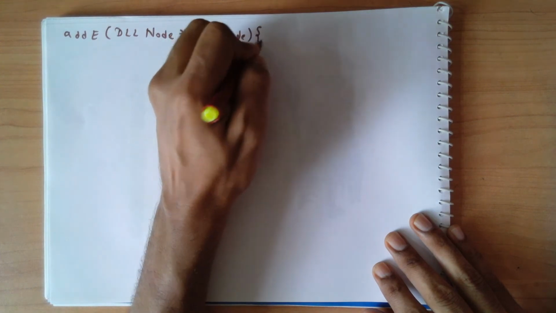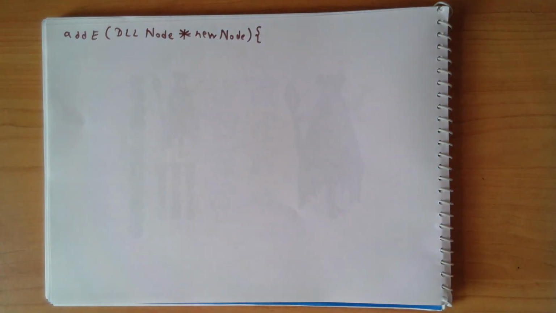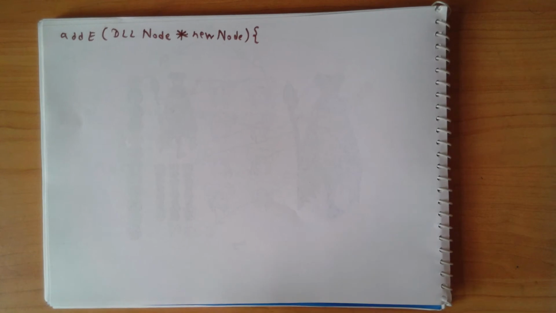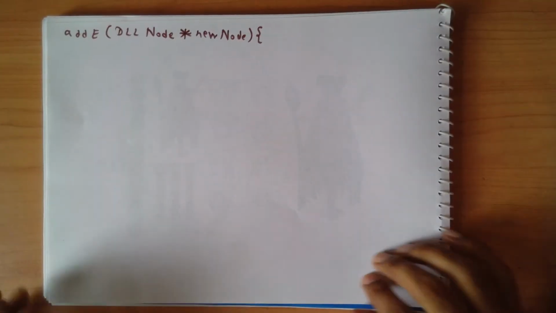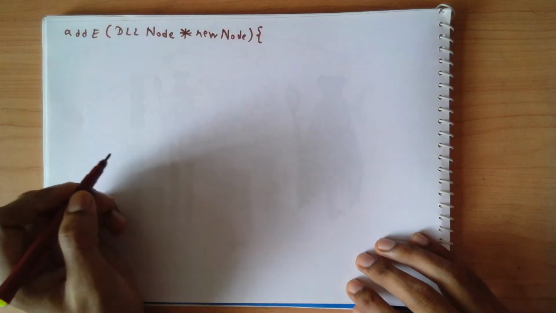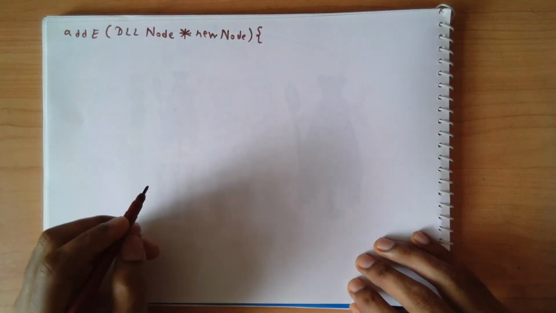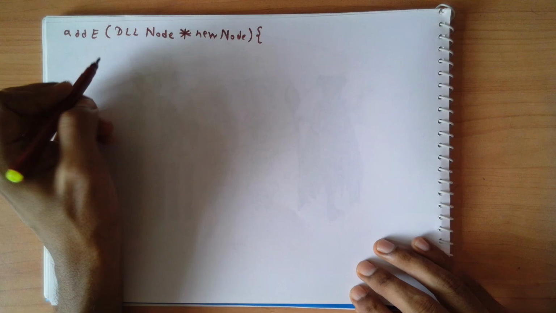Now this method is going to look quite similar to the way we added an element at the end of a singly linked list. If you want to add an element at the end of the list, you need to get the address of the last node. But before that, let's check if our list is empty.